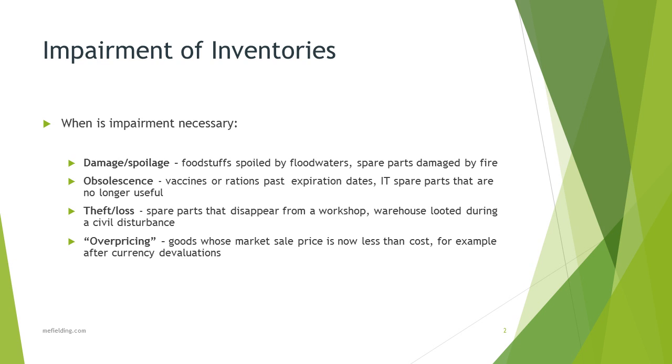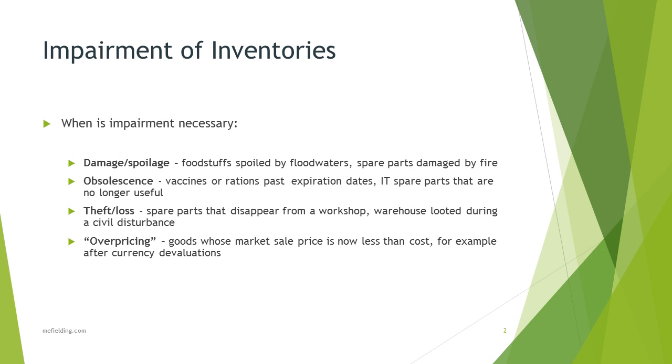Right, when is it necessary? Well, if there's damage or spoilage, and once again, most of these actually relate to either government organisations or commercial organisations. So damage or spoilage, with the weather that we've been having in the last couple of years, especially here in America: foodstuffs spoiled by floodwaters, spare parts damaged by fire, and so on and so forth.